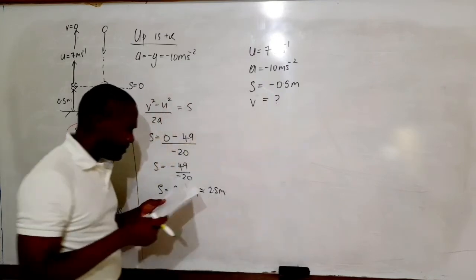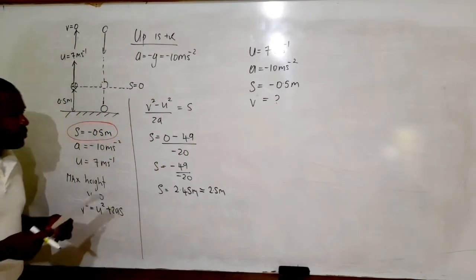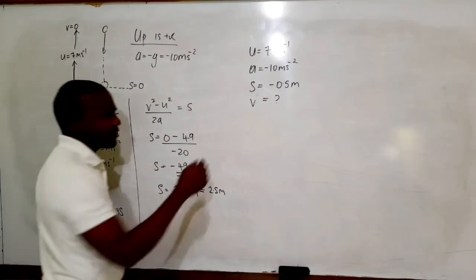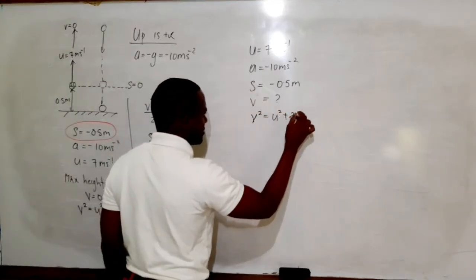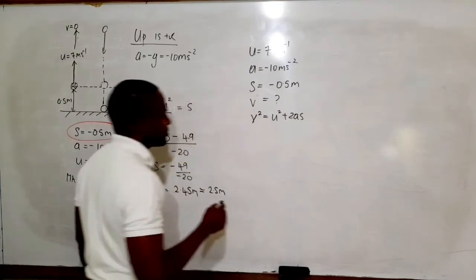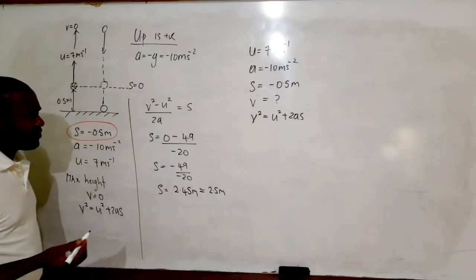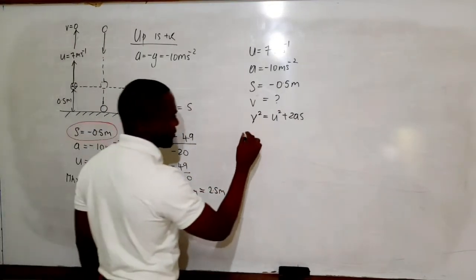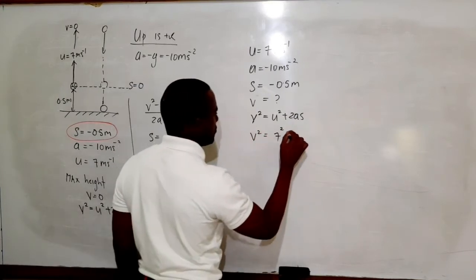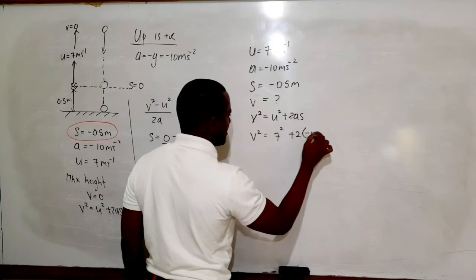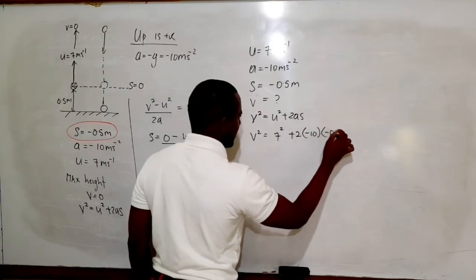And so we'll use the equation v squared equals u squared plus 2as. So we'll go ahead and substitute our values. So we get v squared is equal to 7 squared plus 2 times minus 10 times minus 0.5.